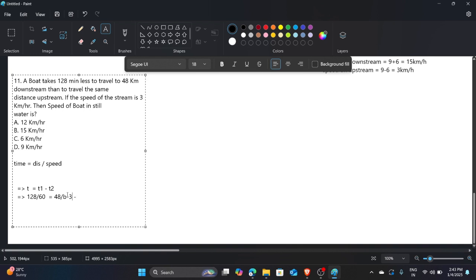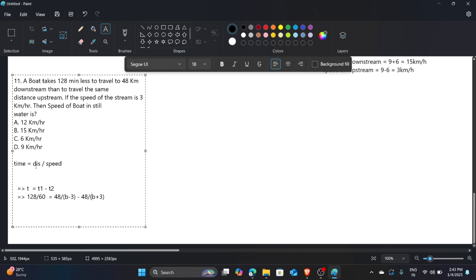Okay, yeah, this is in a single bracket. Now the 48 divided by v plus 3. What I have done here, this is the time formula for upstream, and this is the time formula for downstream.